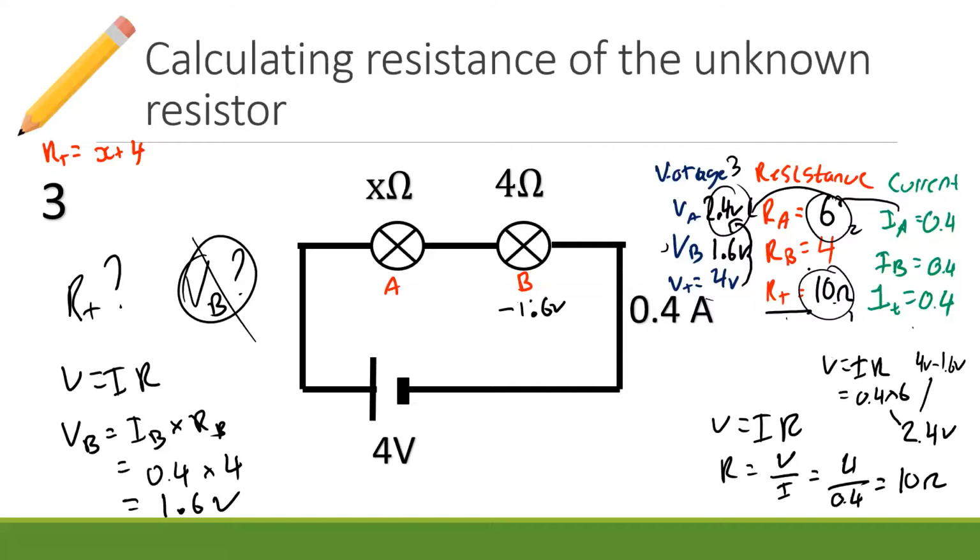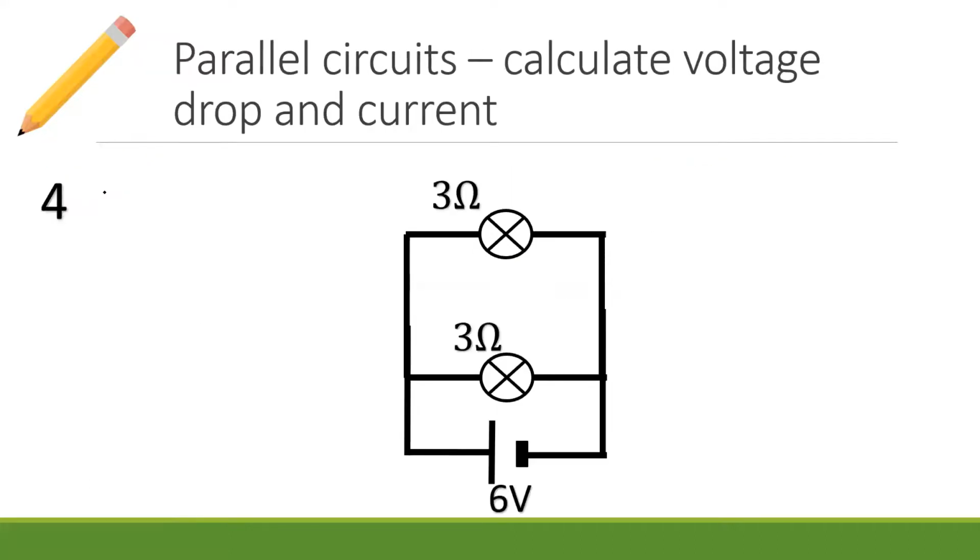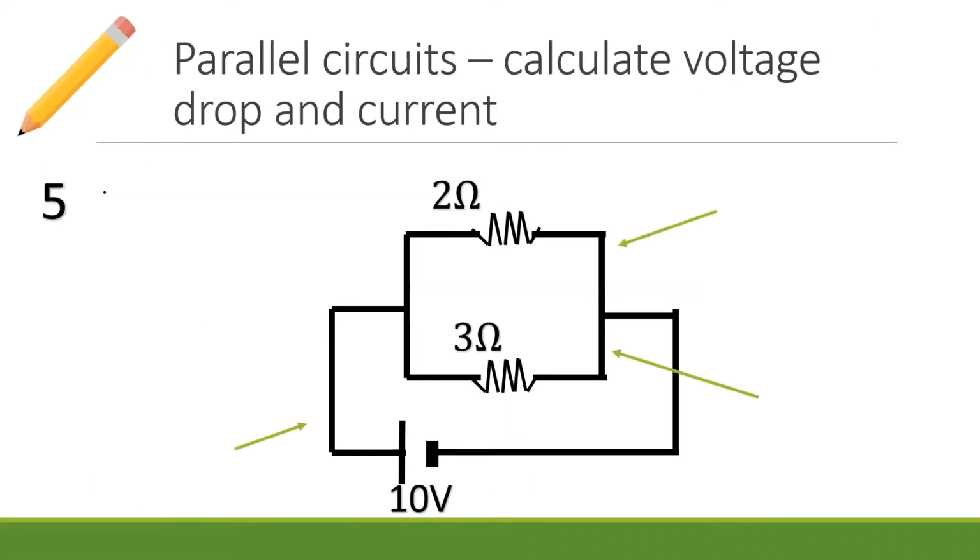Oh, by the way, yes, you could use a complicated version of this to work out the total resistance, RT equals X plus 4 when we didn't know what RA was. I'm not going to do it because I can't be bothered. You could do it.